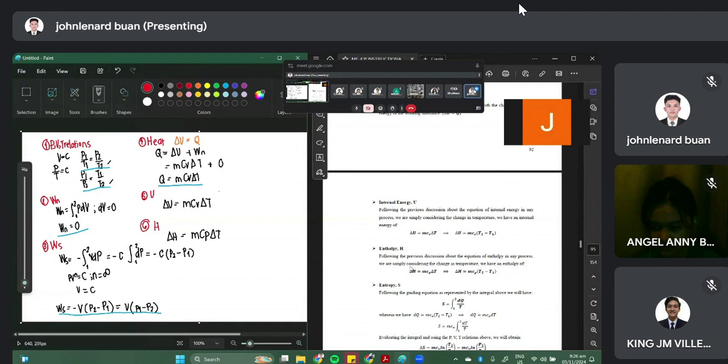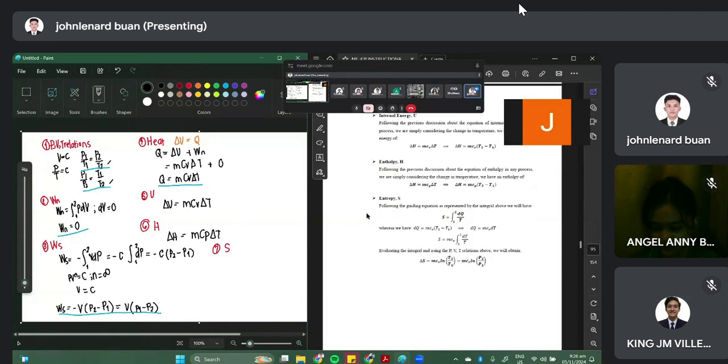And then lastly, we have entropy. Entropy S. In that case po, from its general equation, delta S is equal to the integral of dq over T from state point 1 to 2.